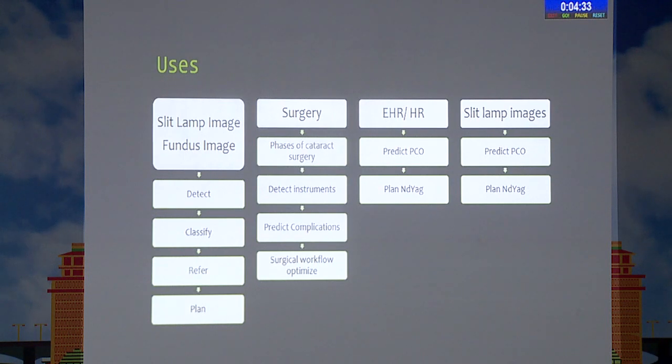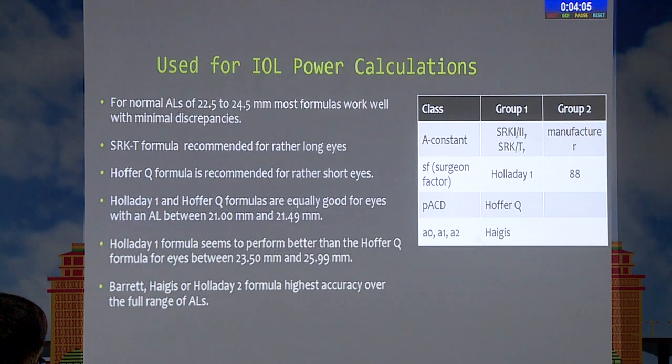So those fundus images would be able to refer the patients to specific locations mapped out. Surgery and how it identifies surgeries and surgical workflows, we've already talked of. Then from the electronic health records, it is able to predict them, and from photographs and slit lamp images.